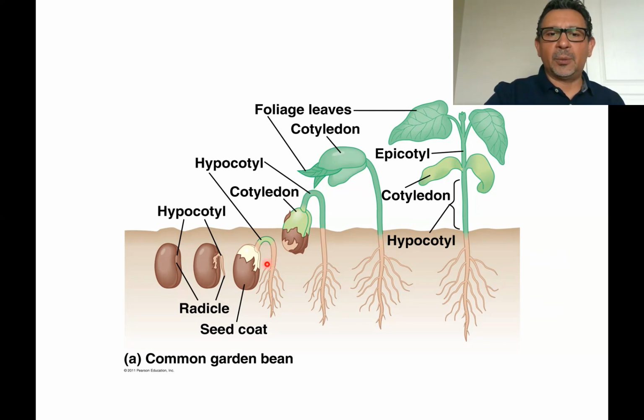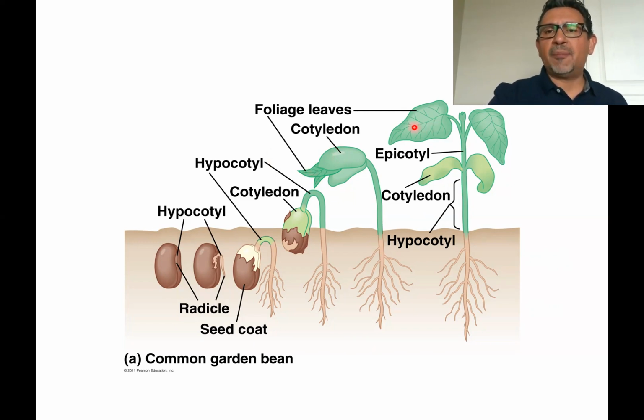Eventually, the rest of the seed comes out. At the same time, the root is growing. You can see a primary root. You can see some secondary roots that are beginning to emerge. And after the entire seed goes out from the ground, then the foliage leaves grow out. The cotyledons do their job of providing nutrients to these foliage leaves, which begin to do photosynthesis almost right away, but there's going to be a lot of need for energy.